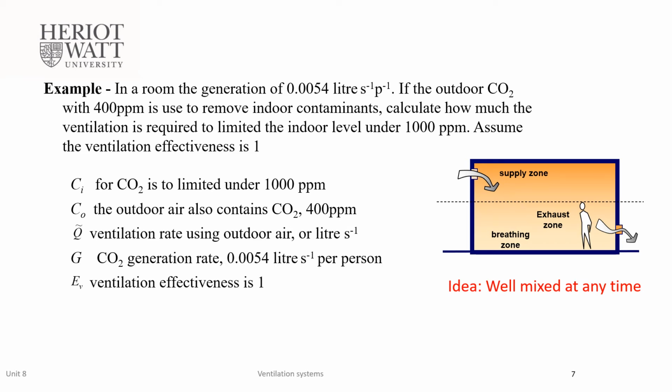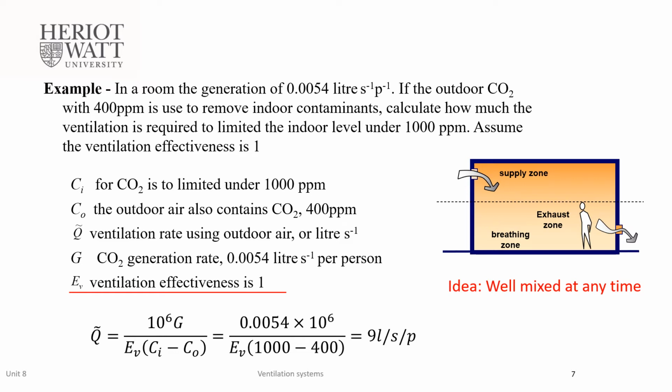We assume it's very effective, so the efficiency is 1, and then we can do the calculation very quickly. It tells us that in order to maintain indoor concentration lower than 1000 ppm, the ventilation rate should be 9 liters per second.